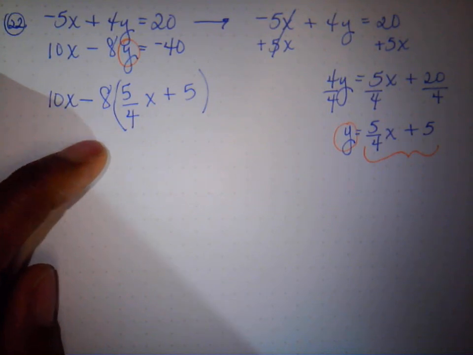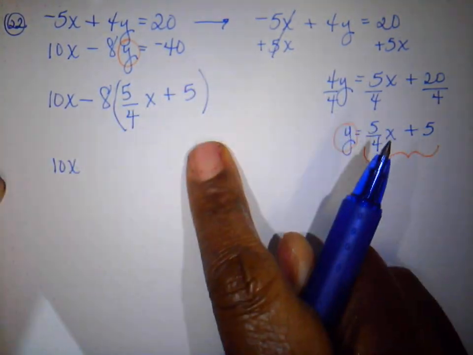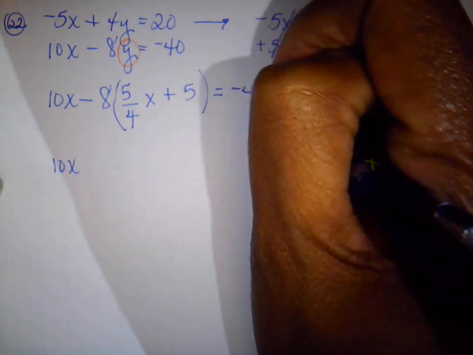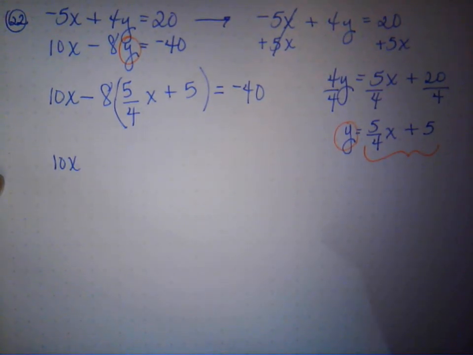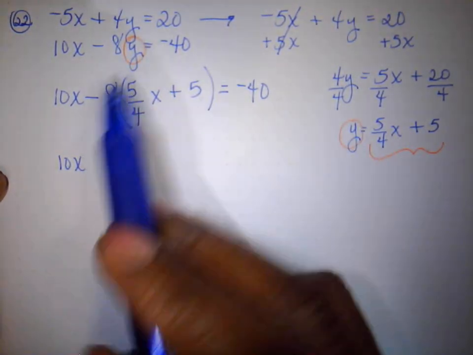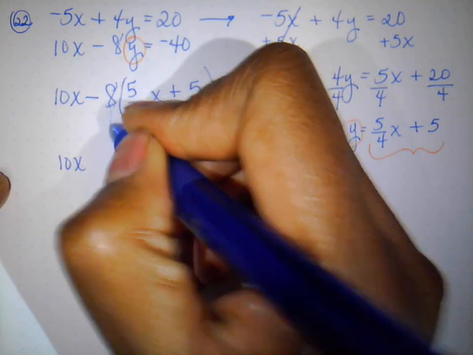Eyes up here, ladies. So we have 10x. Oh, I forgot to put the equals negative 40. Sorry, y'all. All right. So 10x. Now, when I multiply this negative 8 times 5 over 4, remember there's a 1 underneath.